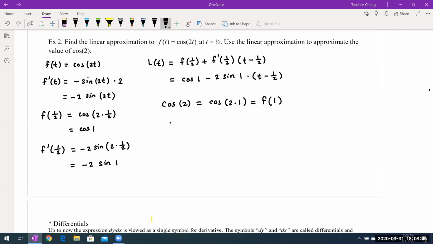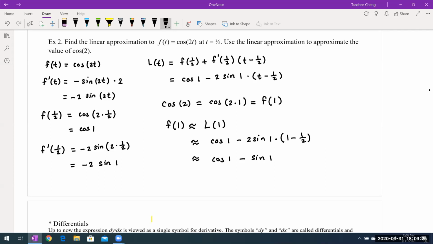So now I can say that f of 1 can be approximated with the linearization function at 1. So this is the linear approximation. Therefore, I can compute this as cosine of 1 minus 2 times sine of 1 times 1 minus half, which gives approximately cosine of 1 minus, since 1 minus half is half and half times 2 is 1, minus sine of 1.